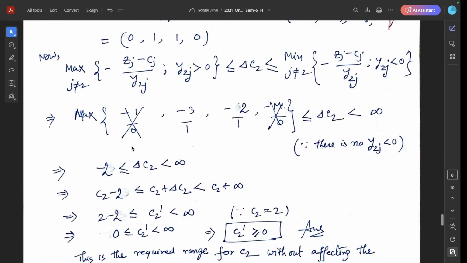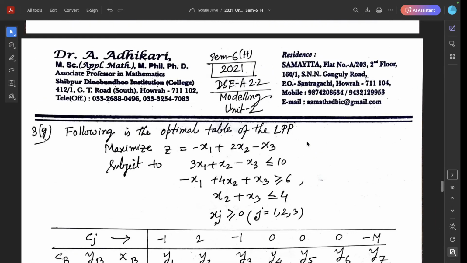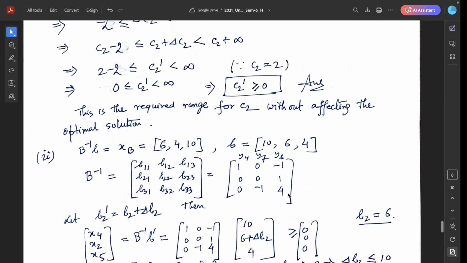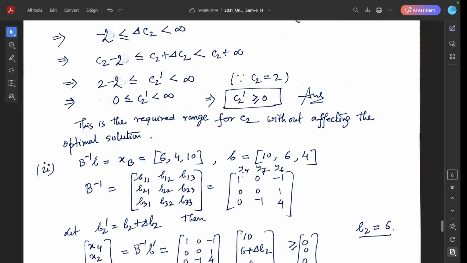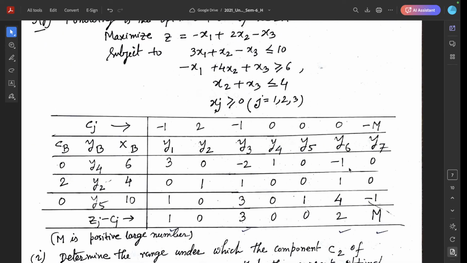B is the vector 10, 6, 4. And the B inverse is columns Y4, Y7, Y6: 1, 0, 0, 0, 1, 0, 0, minus 1, 1, 4.